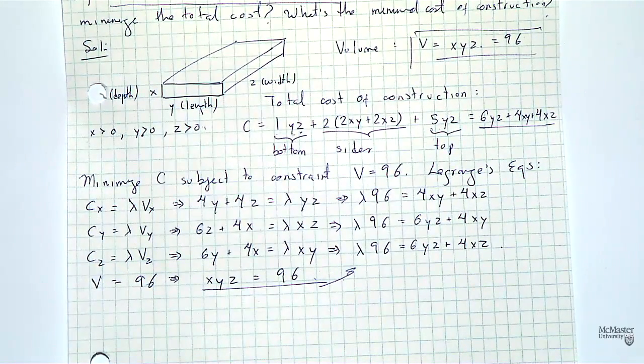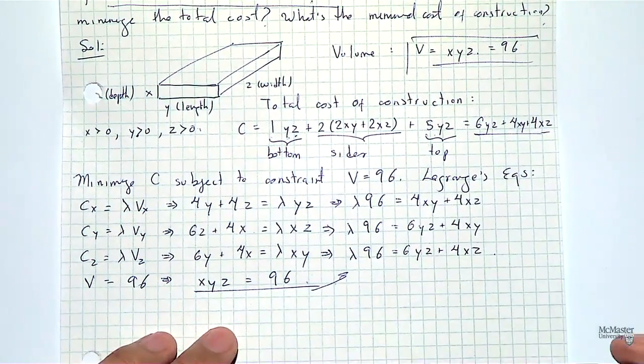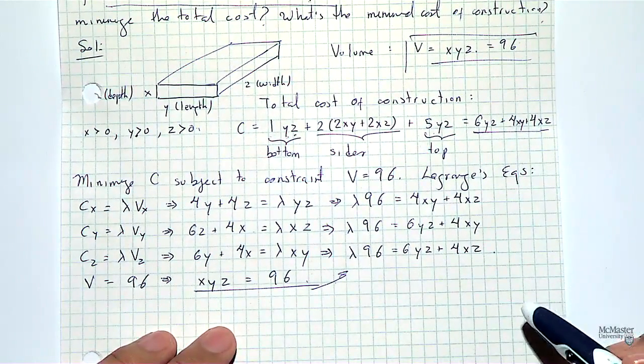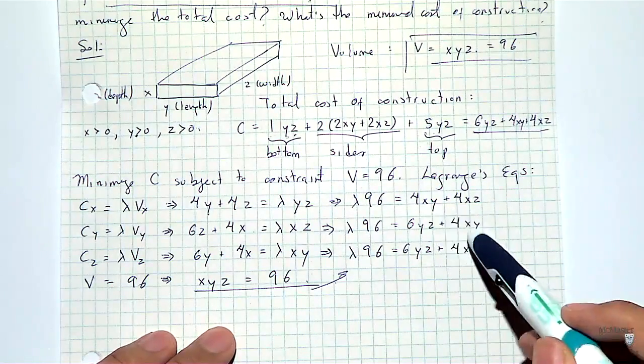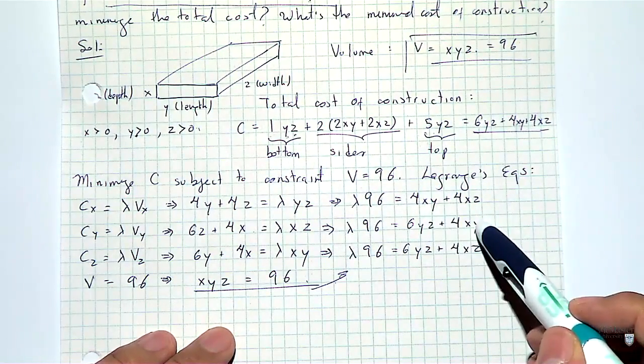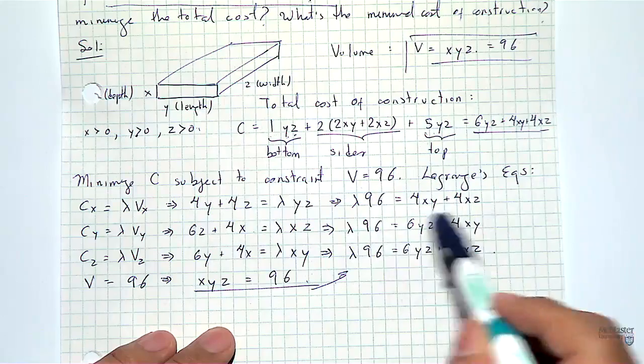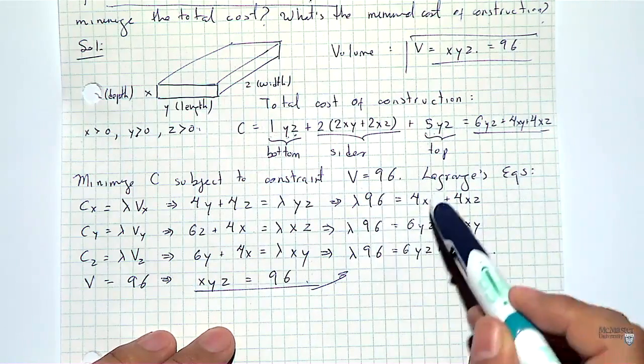Okay. So I could try to do the same kind of thing that I was doing before, which is essentially to get rid of the lambda. Actually, I notice I could get rid of this xy because it appears in this equation and in this equation. So if I take this equation minus this equation, this will disappear.